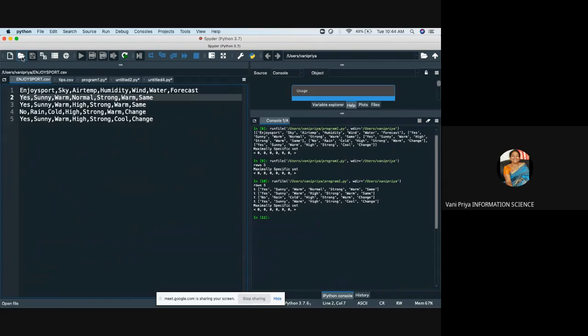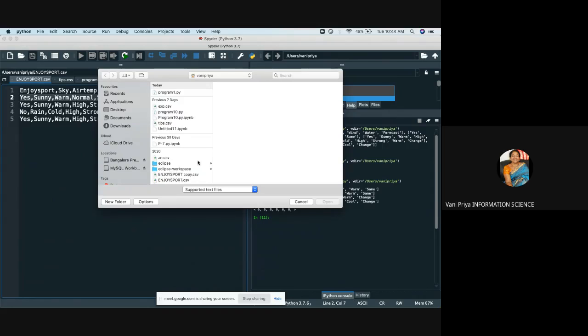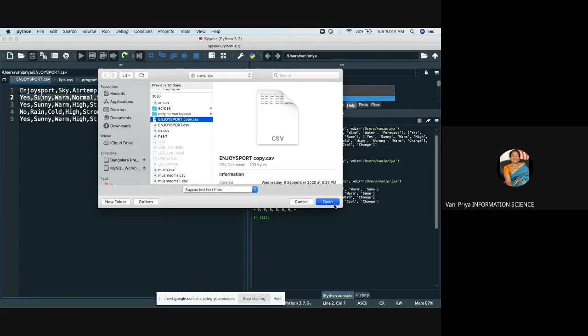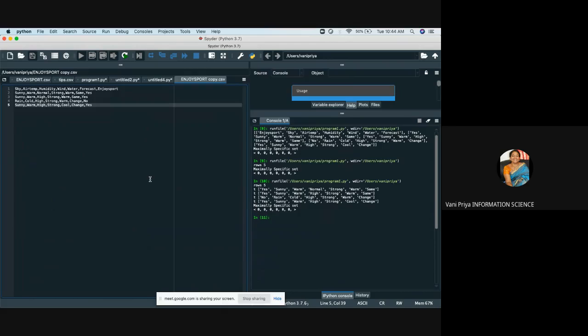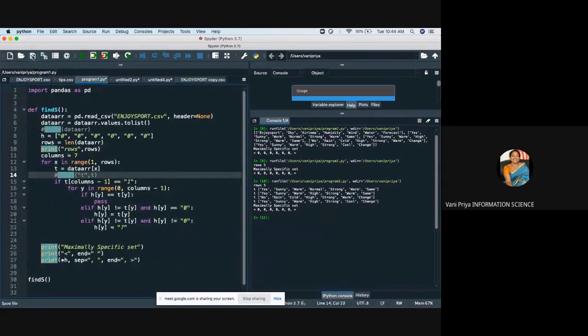This is the one. Columns minus 1 is the 6th one. Is it 1?